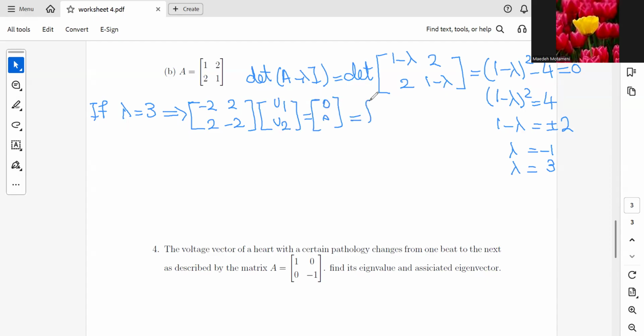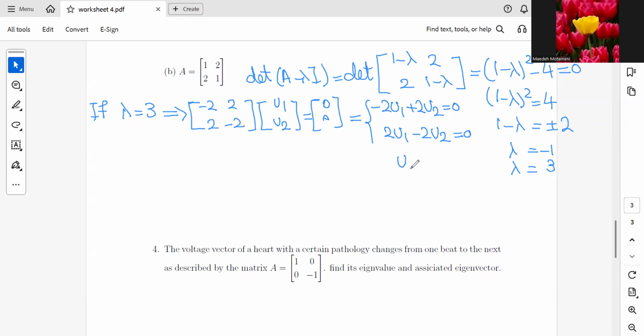And from this, it will be negative 2 times v sub 1 plus 2 v sub 2, which is 0. And the second one, which will be 2 v sub 1 minus 2 v sub 2, is going to be 0. If you pay attention, we would get that the first one and the second one, these two equations are actually the same, and one of them is the opposite of the other one.